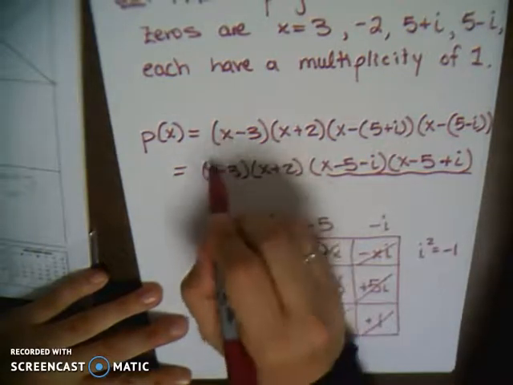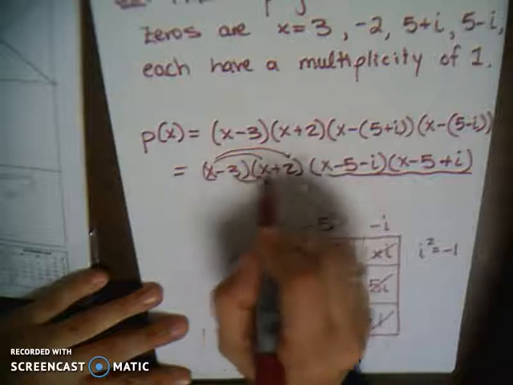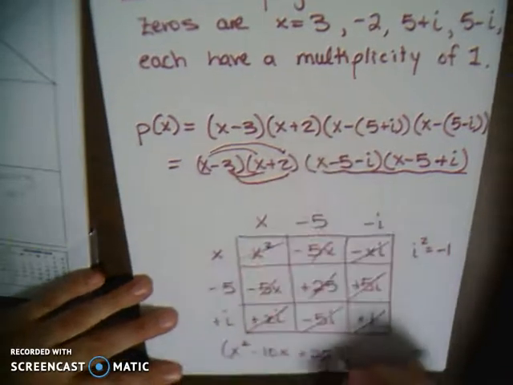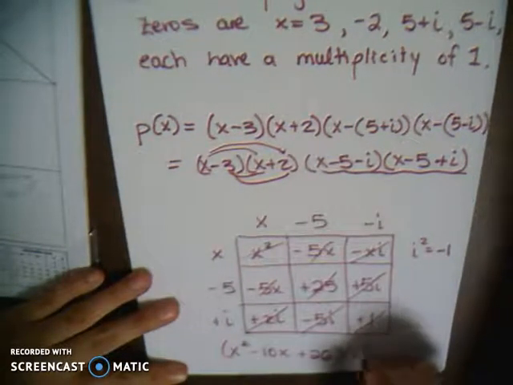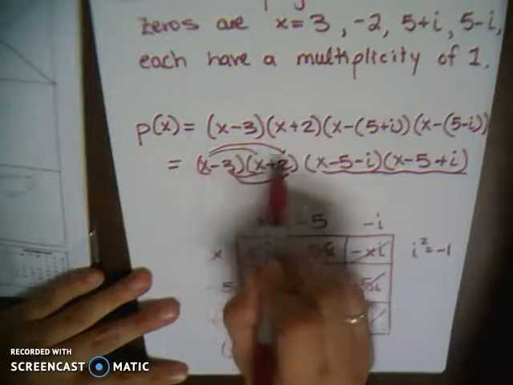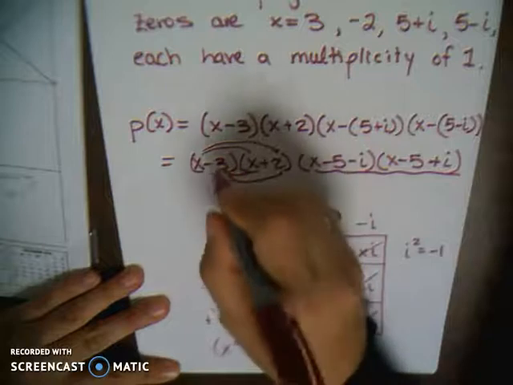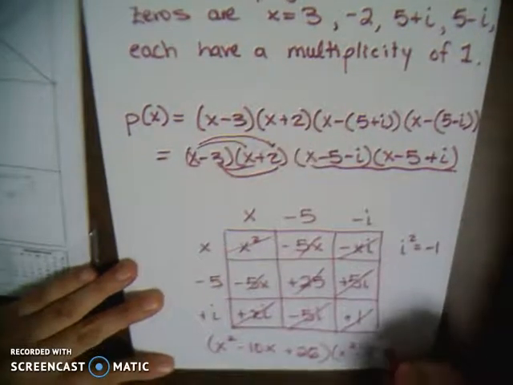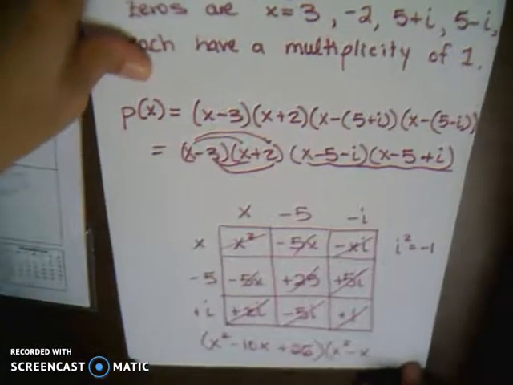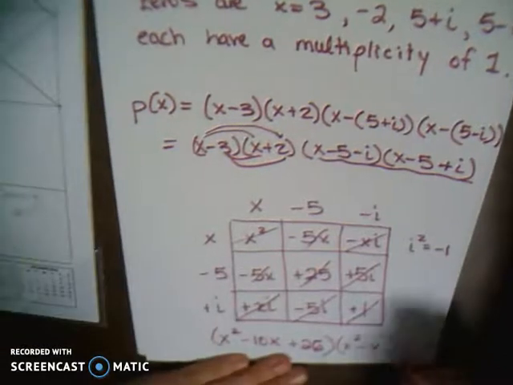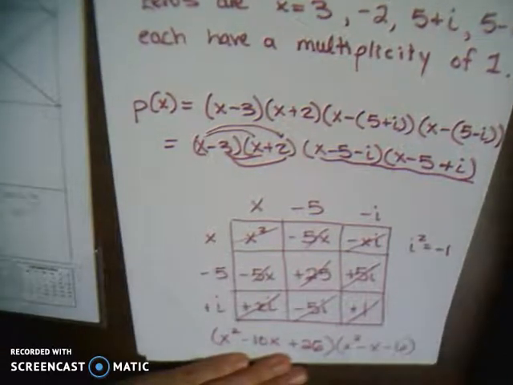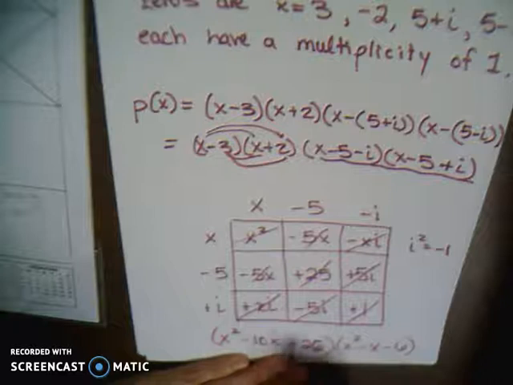So that's just my last 2 pieces multiplied together. What I would do is FOIL those out as well. And that's my other quadratic. And that one's going to be x squared plus 2x and minus 3x is just going to make a minus x. And then negative 3 times 2 is, sorry, I'm going off the screen here, minus 6. So the last step now would be to multiply these 2 polynomials out.